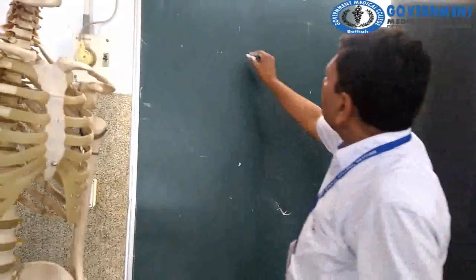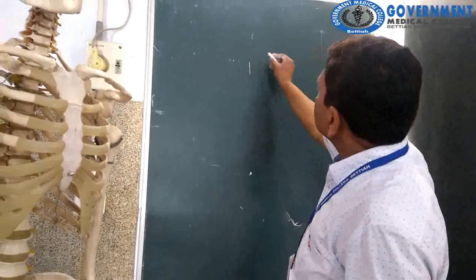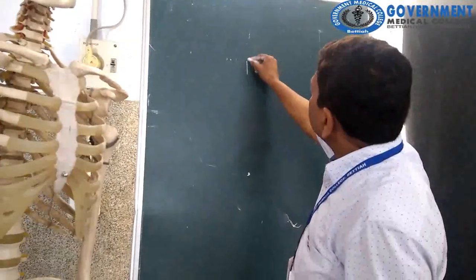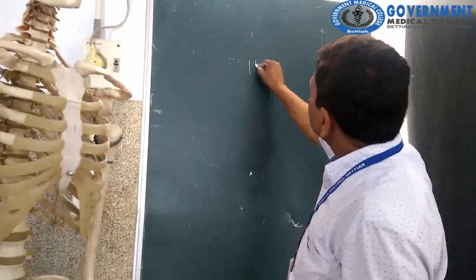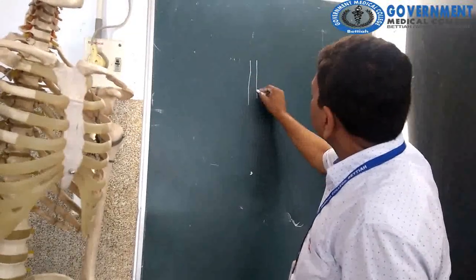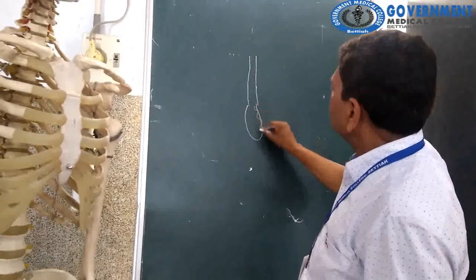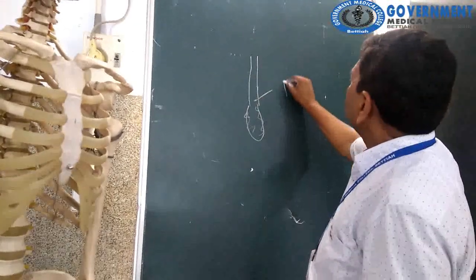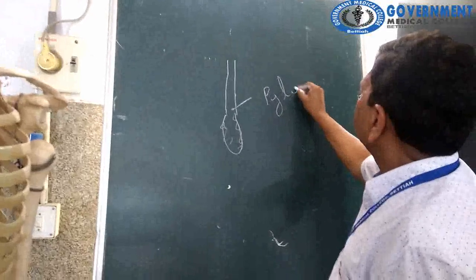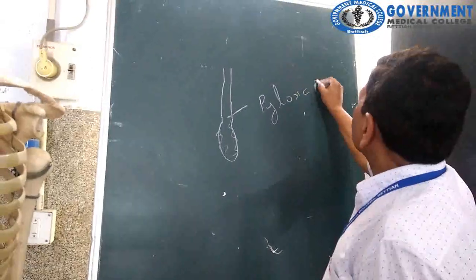If the examining slide has a long pit and a small glandular part, this is the feature of the pyloric part of the stomach.